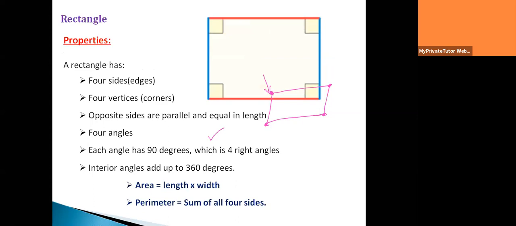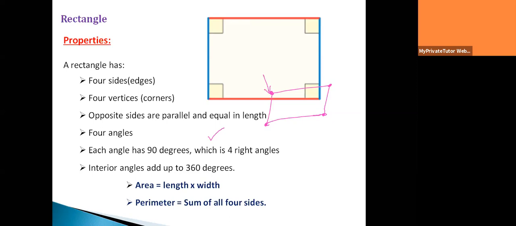The rectangle looks like this and has 4 sides, and opposite sides are parallel and equal. You can see the difference there. The 4 angles, each angle is 90 degrees, as you can see again.